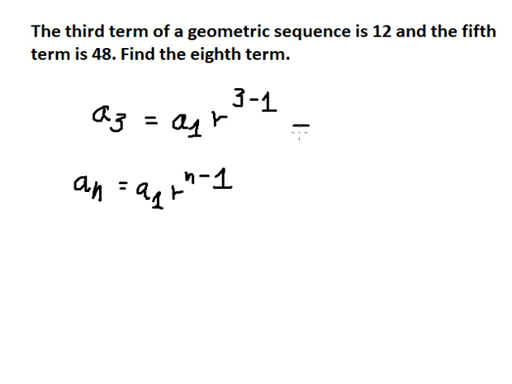So a_3 we have 12, and the next one, the fifth term, is a_1 r to the power of 5 minus 1.